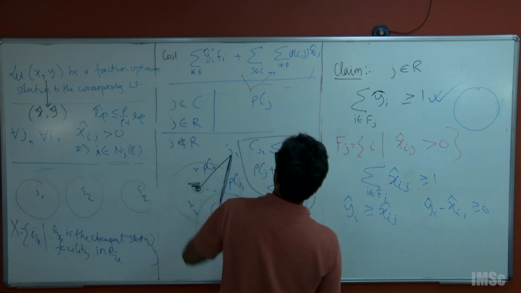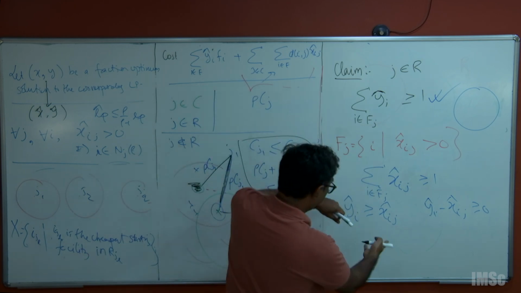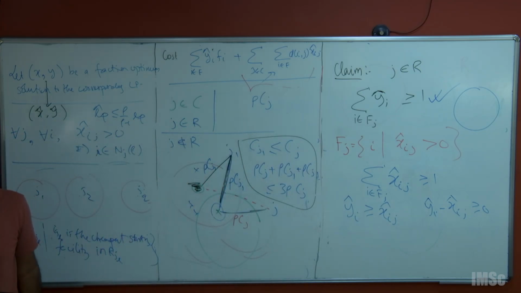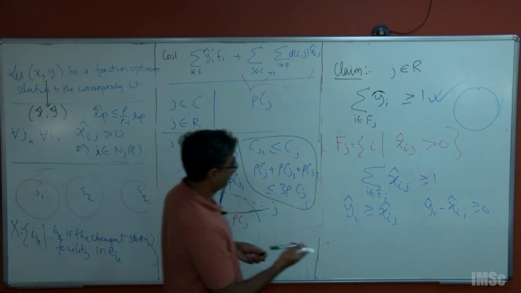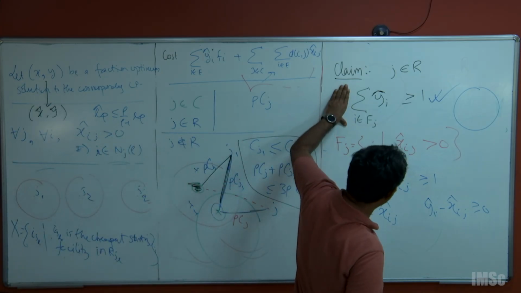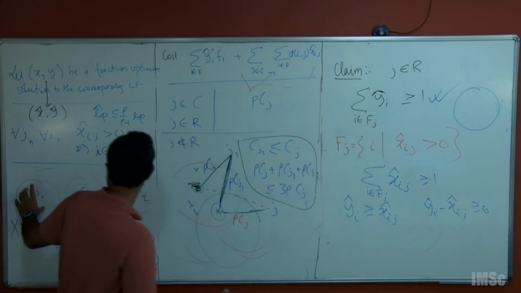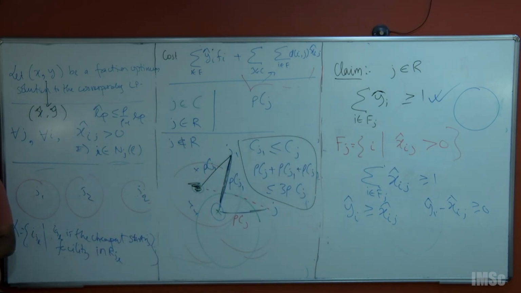But now I want to understand what happens to the facilities. This is where I use the fact that the summation of y_i hat is at least 1 in these balls. So if I look at all these guys, the summation of y_i hat is quite a lot, and that's good enough for our purpose.